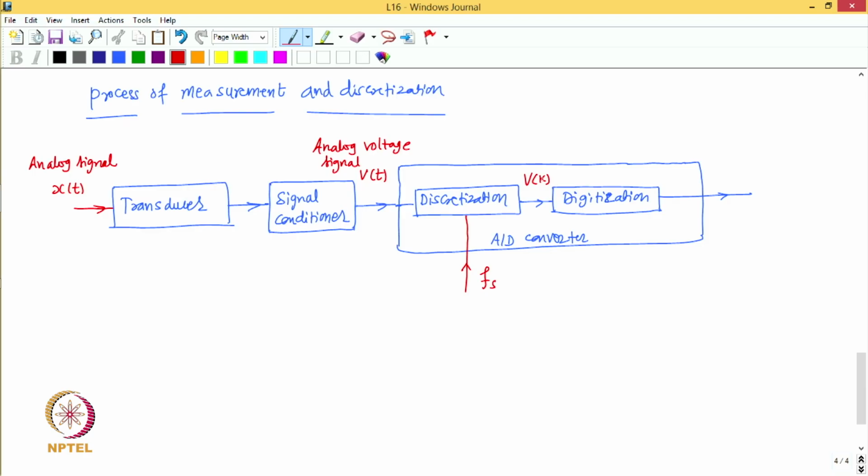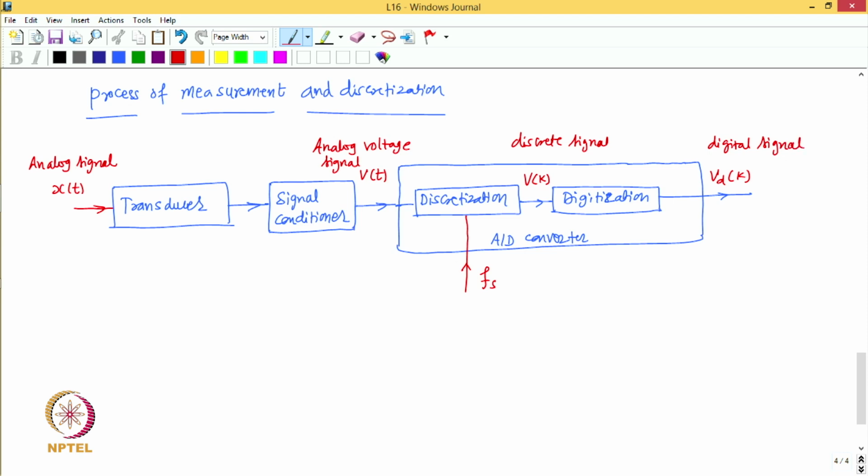So, it is a sequence, Vk is the discrete voltage signal, and then the process of digitization will quantize the amplitudes of these discrete samples of the signal and convert them into binary form, and at the end of this we will have a digital signal, VDK.